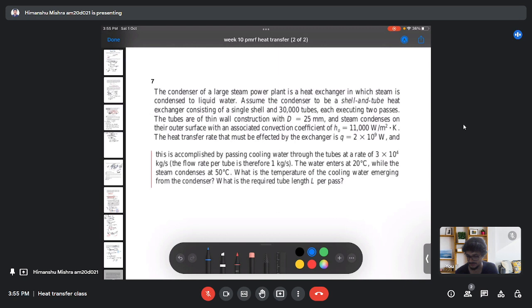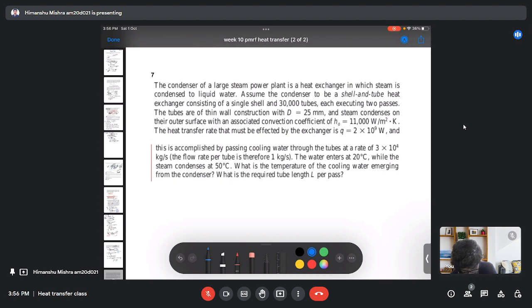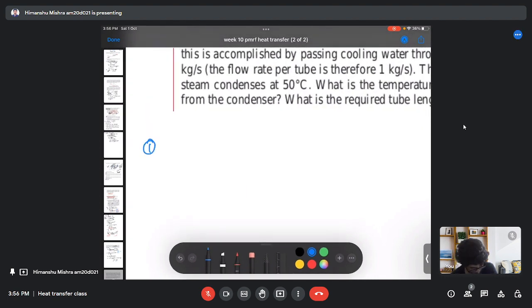We have solved plenty of heat exchanger problems in which we found the geometry of the heat exchanger using both NTU and the log mean temperature difference. In the first part of this question, we need to find the temperature of the cooling fluid coming out of the heat exchanger. For this, we will use the heat transfer relation. We have been given the heat transfer and the mass flow rate.